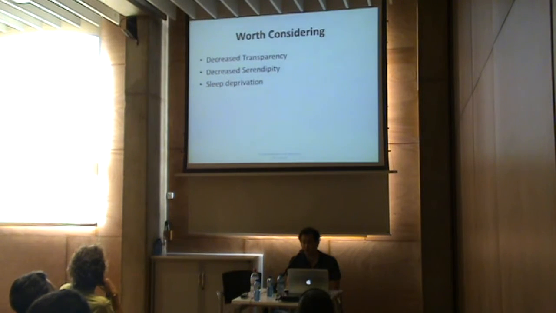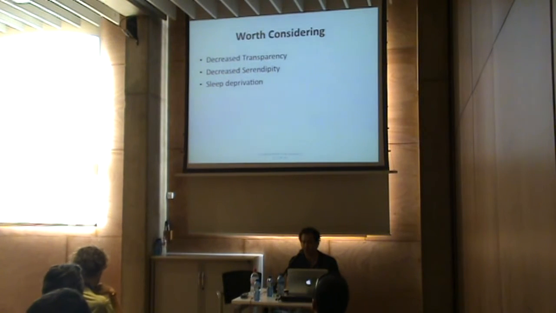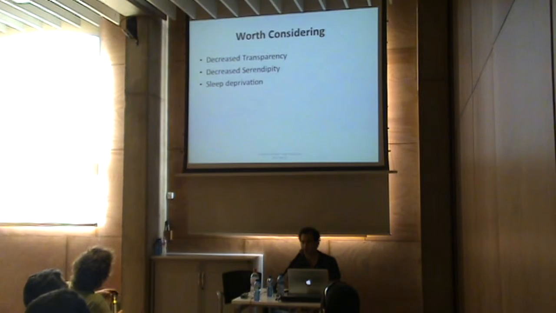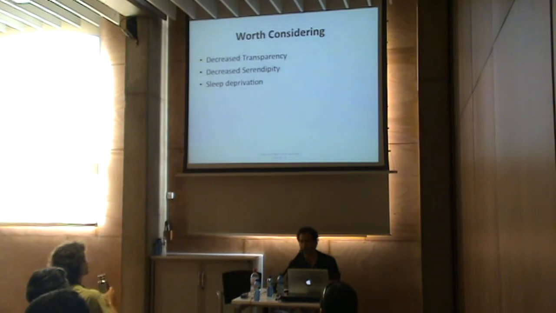Of course, equally important when designing a recommender system are some of the side effects. It's not always going to be apparent to the user exactly why they're being recommended certain content and other users. I think that's really important in terms of usability and UX concerns, privacy, of course, and decreased serendipity.